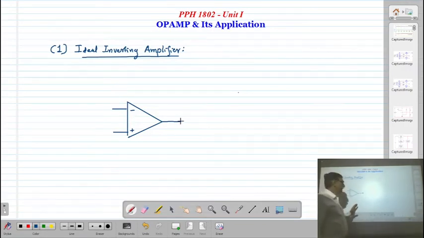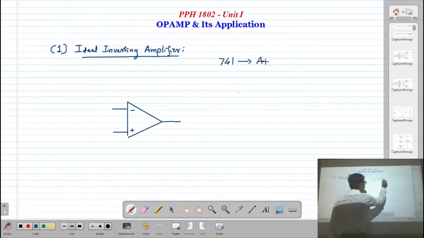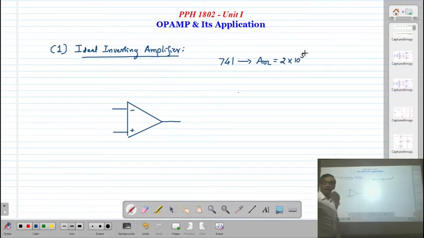Now remember, when we are talking about the gain of the amplifier, here when I am talking about a 741, then for the 741 the open loop gain is 2 into 10 raised to 5. Remember, it is very high. It is very high, 2 lakhs.